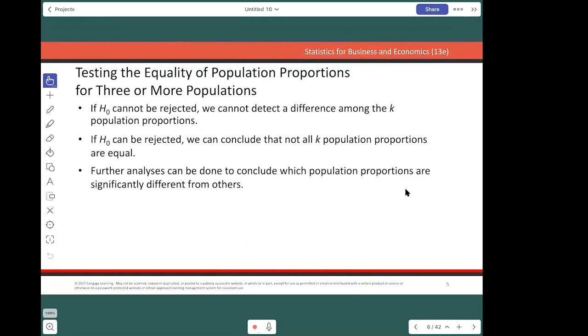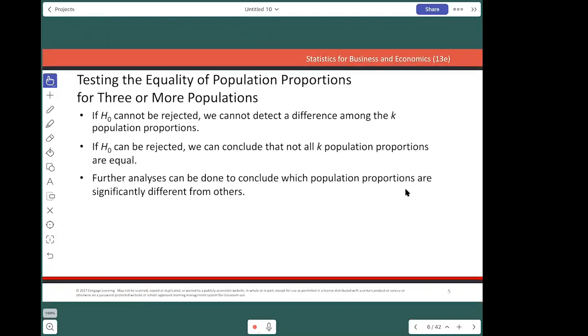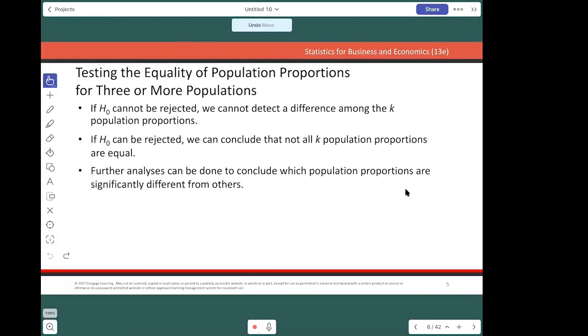So if I had three population proportions, it would look something like this.